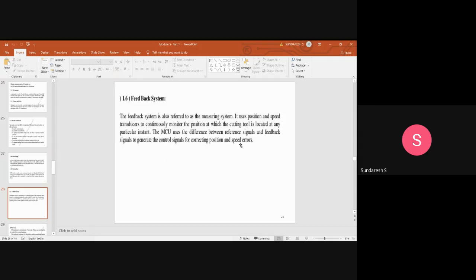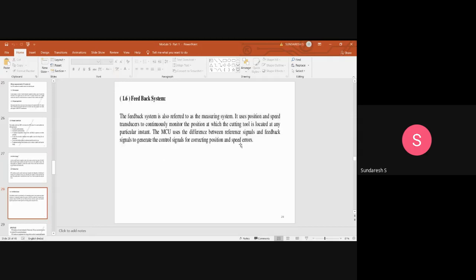Okay, so these feedback systems use position and speed transducers. Position transducers and speed transducers will be there. They will pick up the signal and give the feedback that the tool or the spindle is rotating at a particular speed.